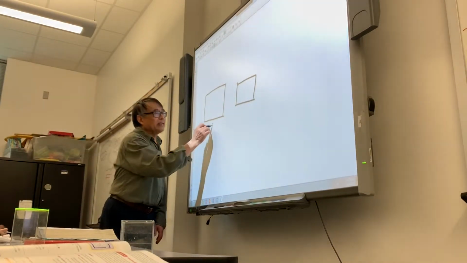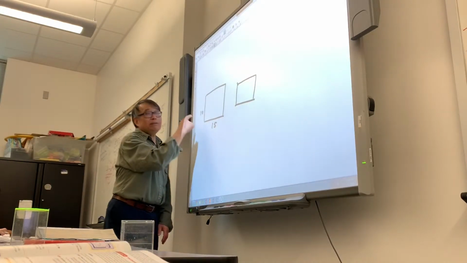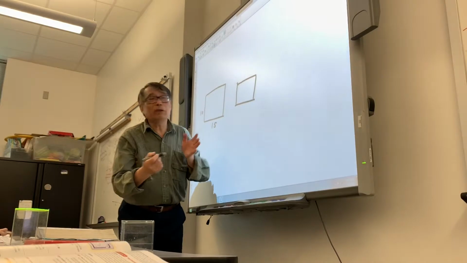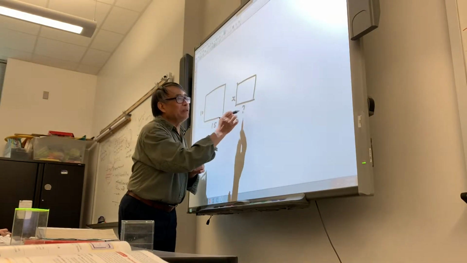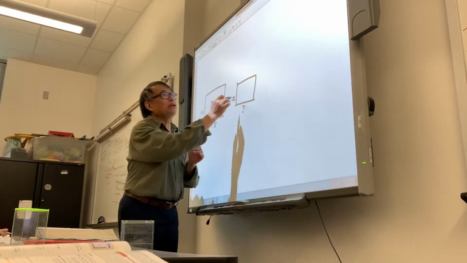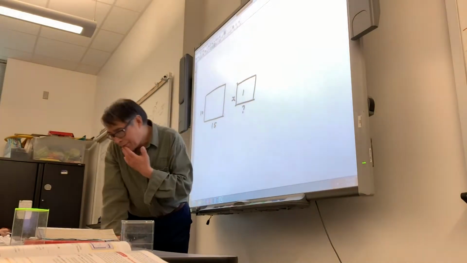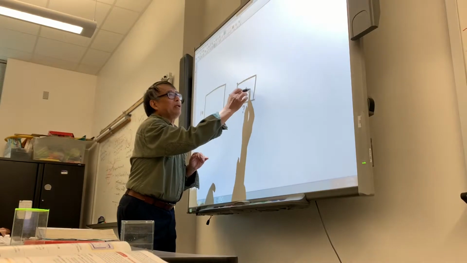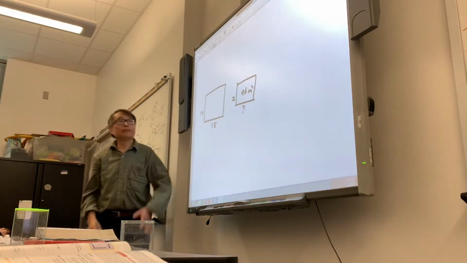The question tells us 15, 10 for the length and width. This one, we don't know the length or the width, but we know the area is 96 square feet or whatever.